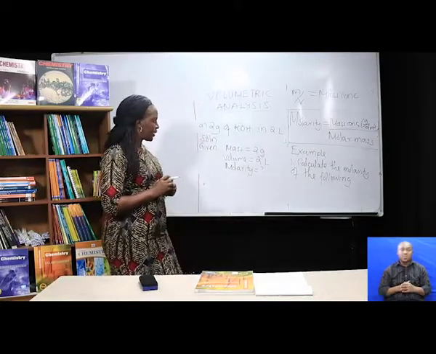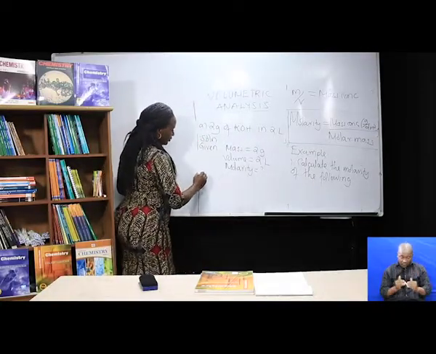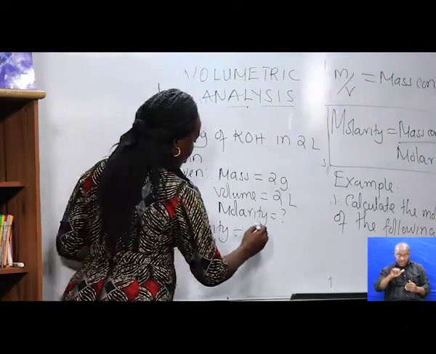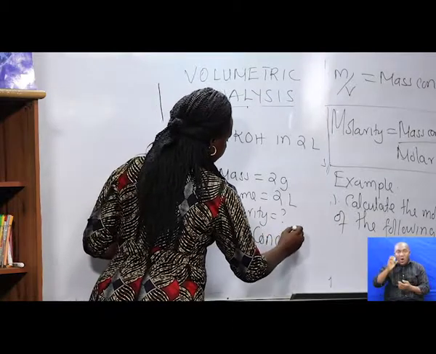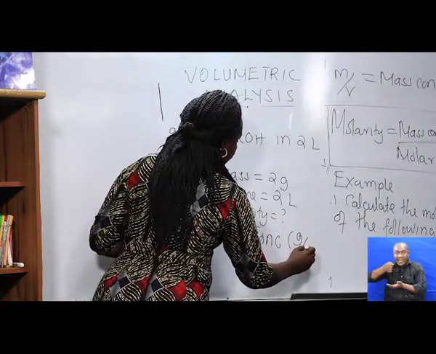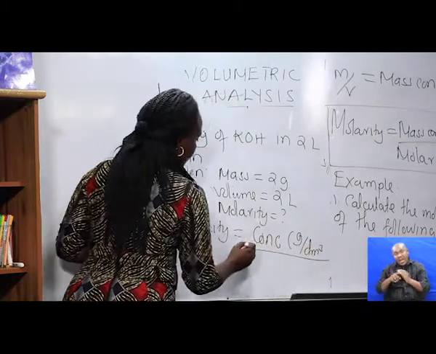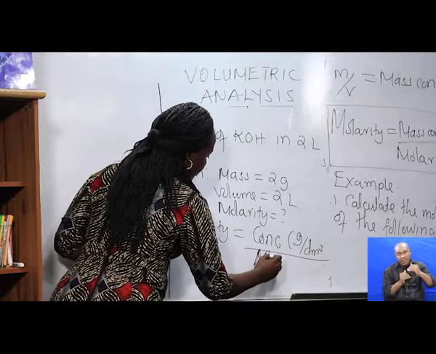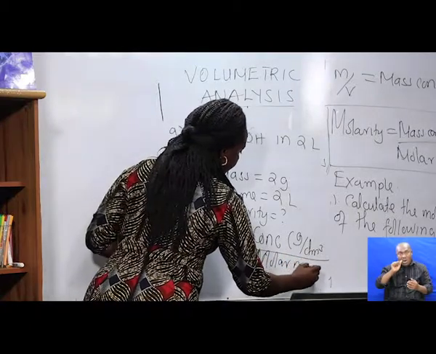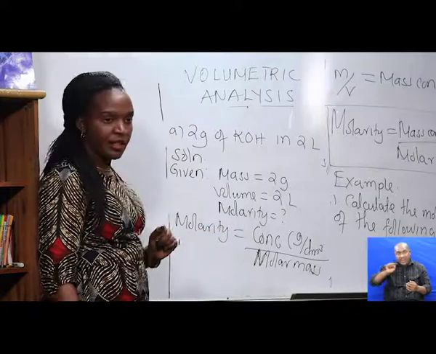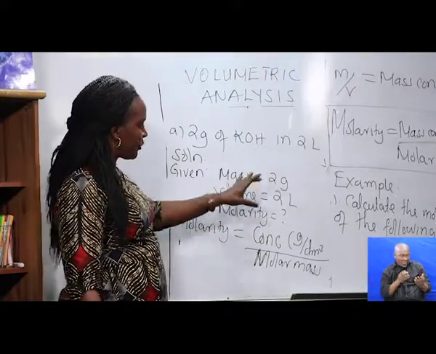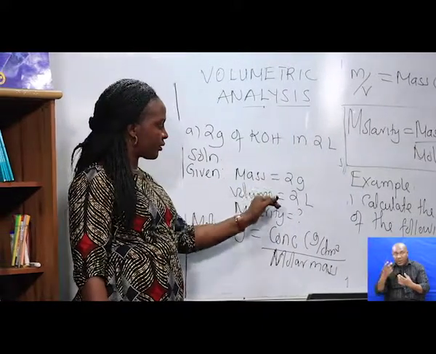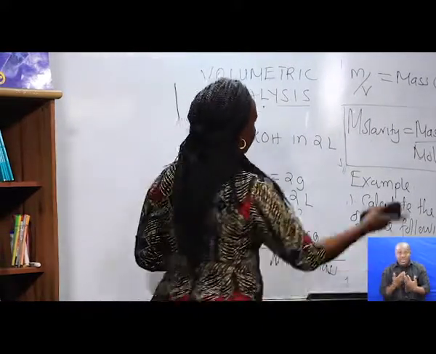Therefore, we know that molarity is equal to concentration in grams per decimeter cubed divided by the molar mass. But we don't have the concentration; from the data given, we are going to calculate it because we have the mass and we have the volume.